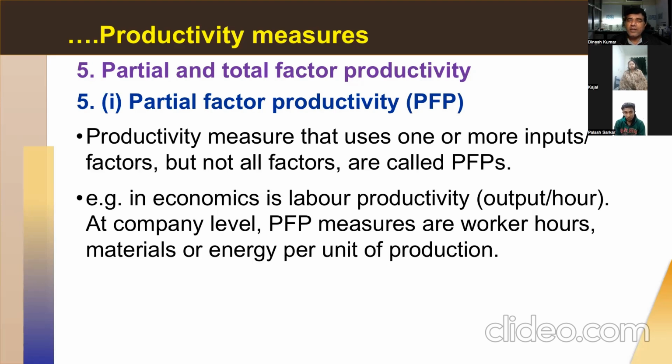For example, I can calculate partial factor productivity of nitrogen by simply dividing the yield by the fertilizer rate. I can calculate partial factor productivity of phosphorus by dividing yield by the rate of phosphorus application. Suppose you have 30 kg, 50 kg, 100 kg phosphorus as input, you will get the respective output also.